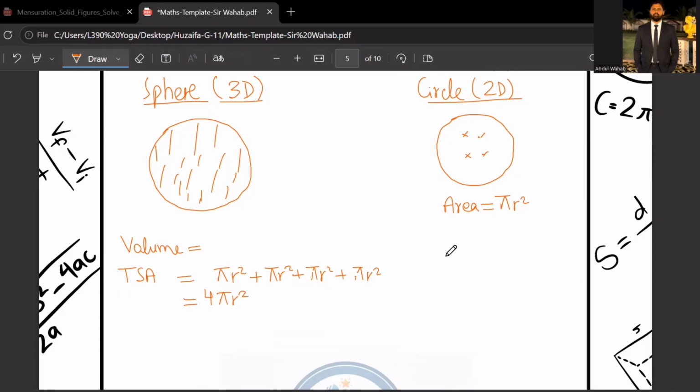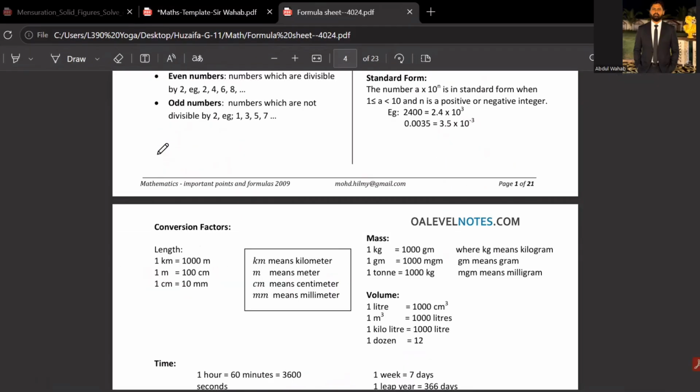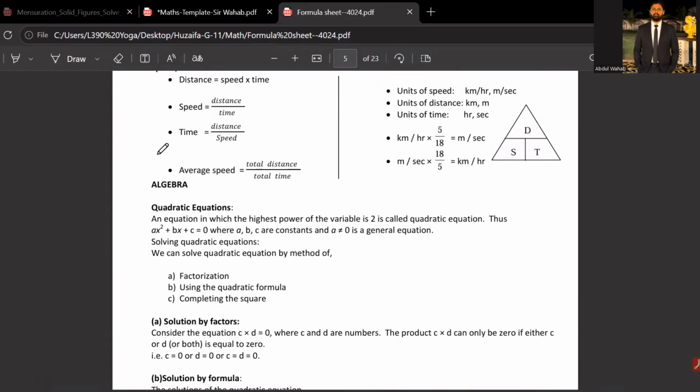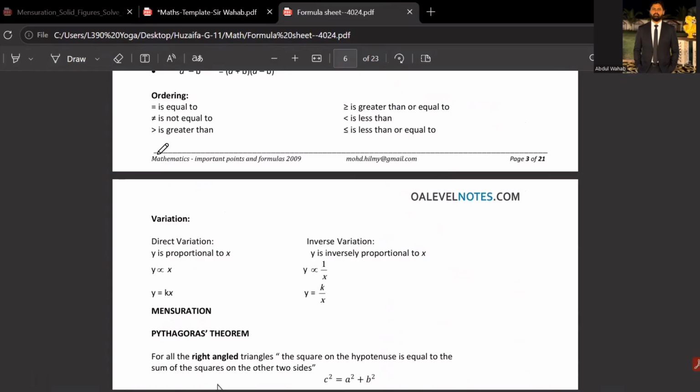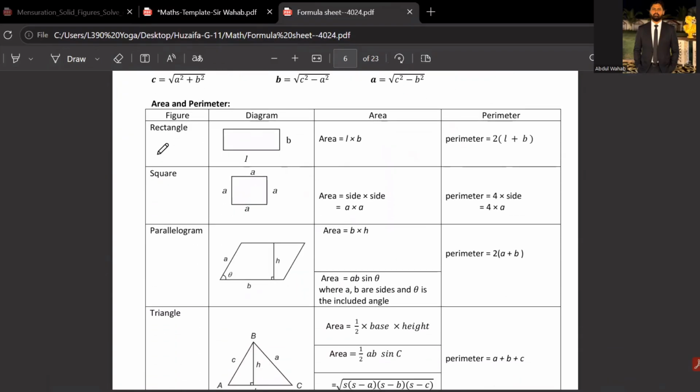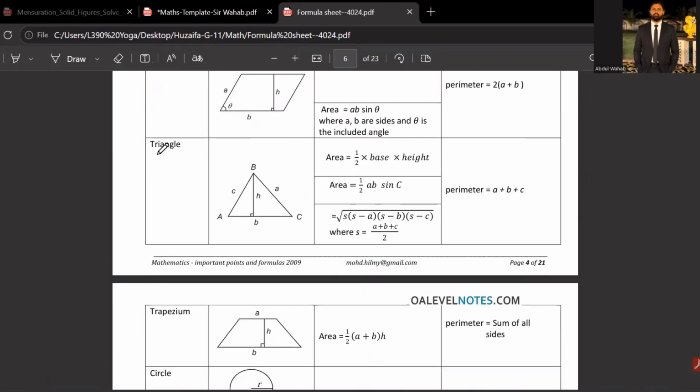Secondly, if we need to find the volume of the sphere, we have a formula sheet also, and we need to memorize it, or we can derive the formulas also. And normally the formulas of spheres are given in the formula sheet in the question paper also.